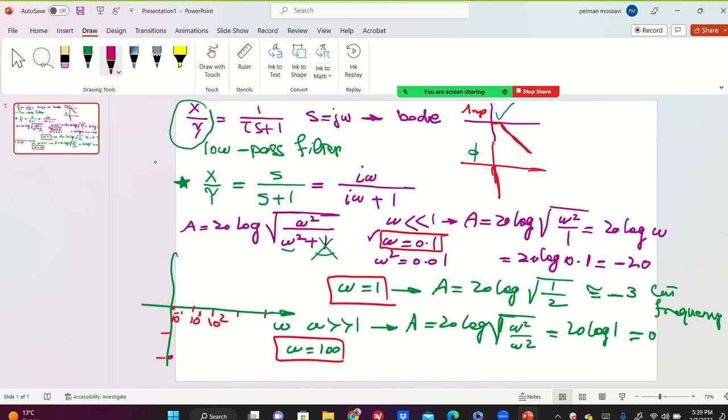Then at 1, the cutoff frequency, minus 3, here. Then at 100 it is 0. So it's gonna be, here we are.